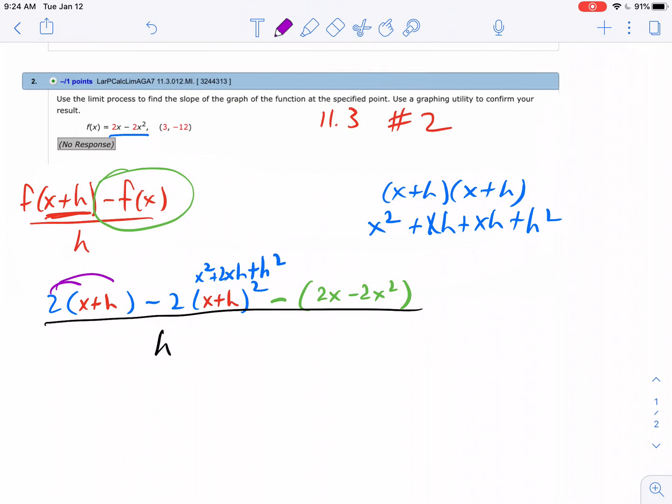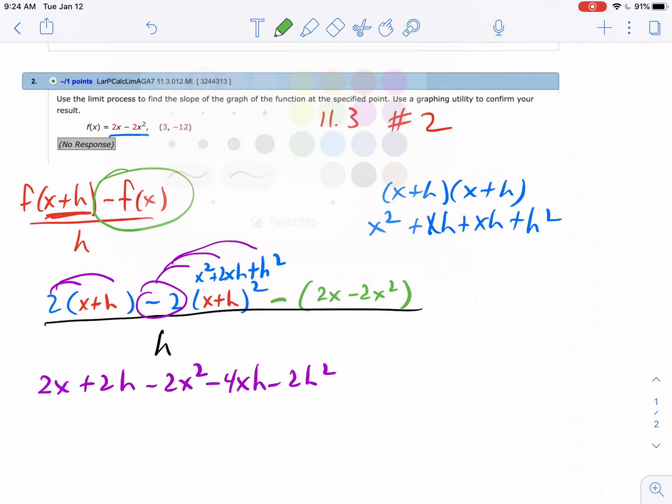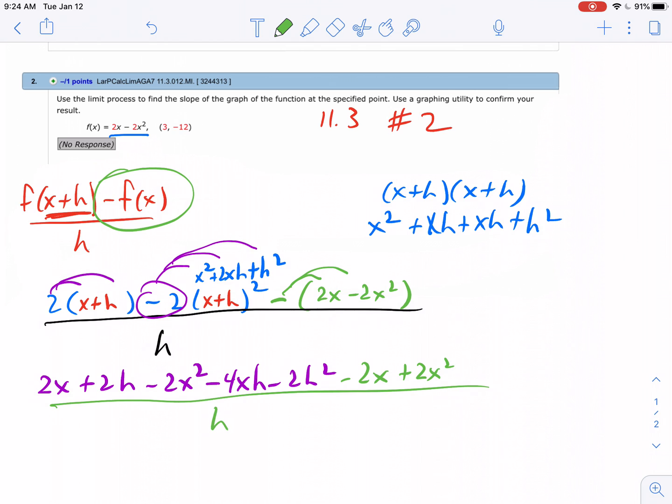The 2 will distribute through, which is 2x plus 2h. This negative 2 distributes to these three terms. So that's negative 2x squared, negative 4xh, minus 2h squared. Then distributing here, I get negative 2x, and I get a positive 2x squared, and that's all over h.